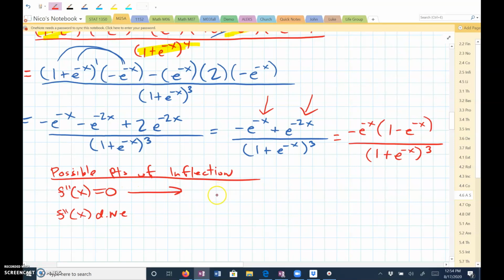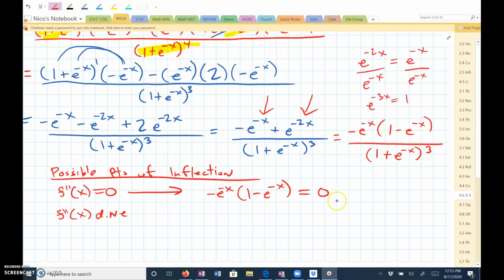For this one, we just figure out, is there an x value where the numerator would equal 0? This is the same as negative e to the negative x plus e to the negative 2x.